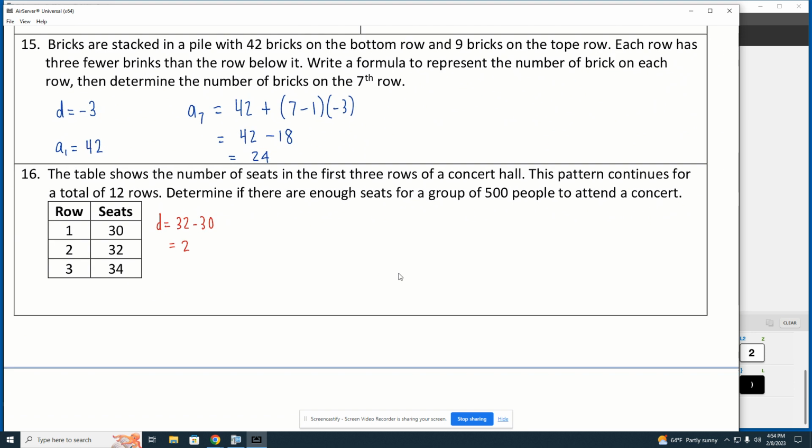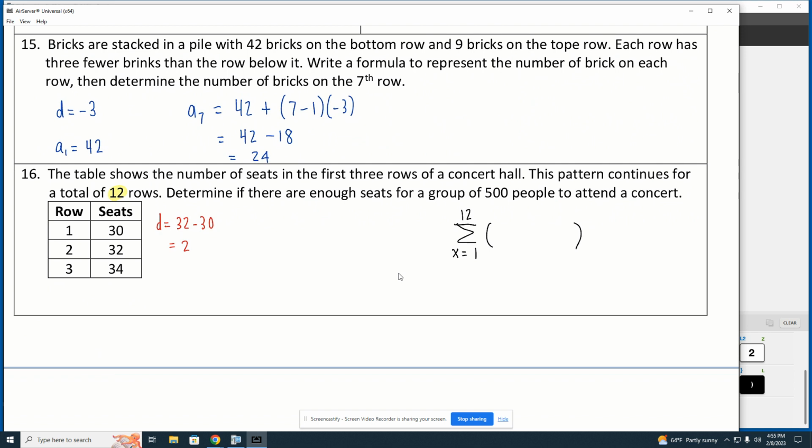So it says this pattern continues for a total of 12 rows. So 12 rows, it follows this pattern. We want to determine if in all of these 12 rows, are there enough for 500 people to go? So we're going to have to take the sum of all the rows, first through the 12th row of this sequence, to see if there's enough seats for 500 people.